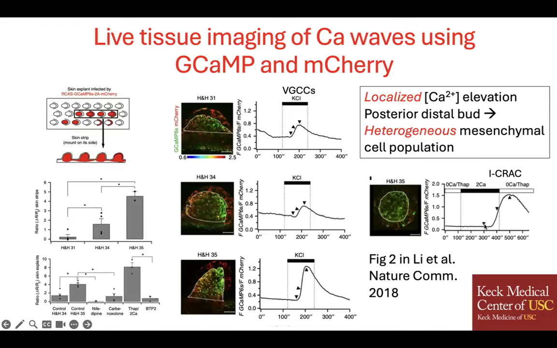And what happens is, with a delay, there is a sudden rise in calcium. And this is exactly what's expected for calcium that is flowing through I CRAC. And we can block this with appropriate blockers of I CRAC like BTP2, and it will essentially block this rise here. So we have evidence for both voltage-gated calcium channels and I CRAC from these imaging experiments.